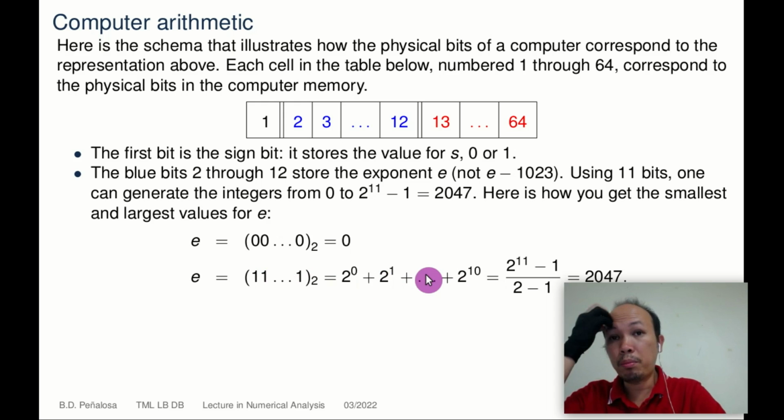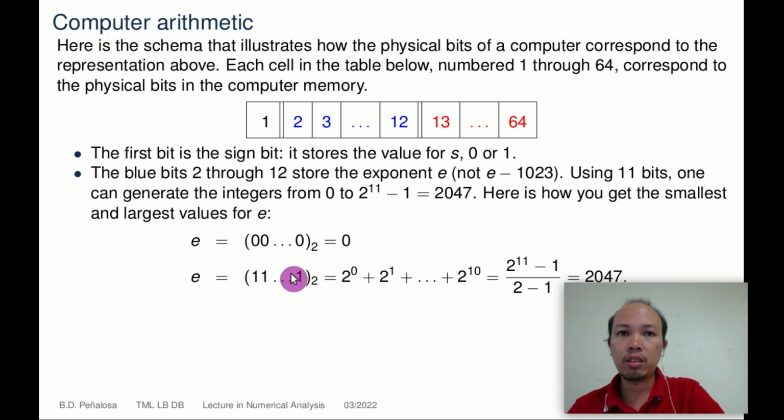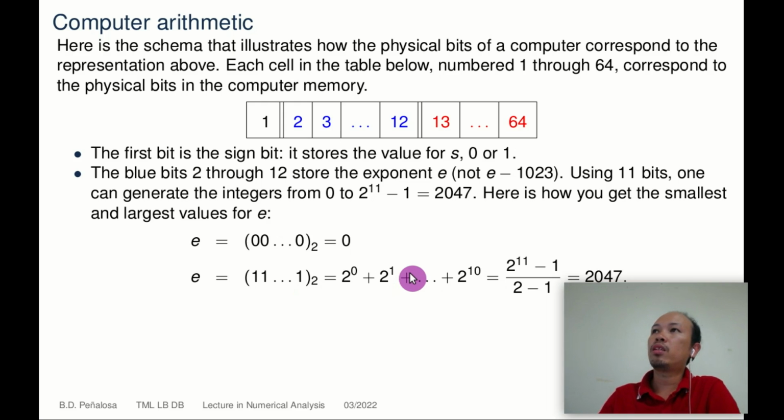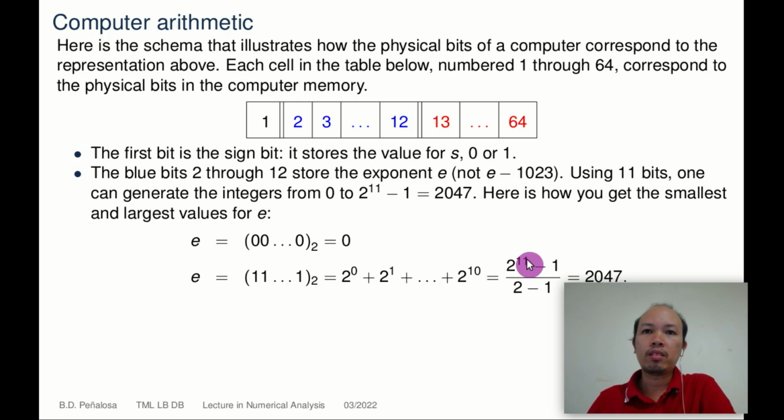We already discussed that in chapter 1 part 3b. After simplifying, you can get 2047. Anyway, this is very familiar from calculus 3, so this is easy to convert. We have a summation of a geometric series, I guess.